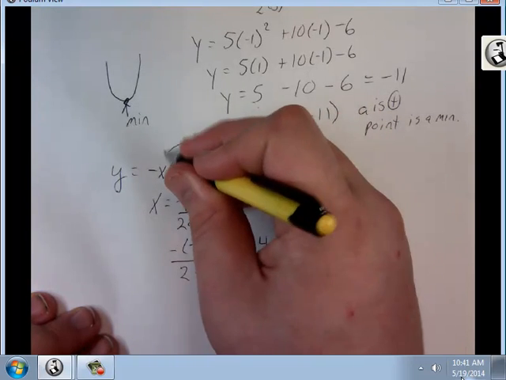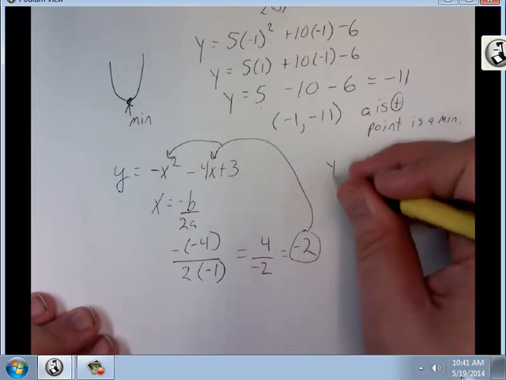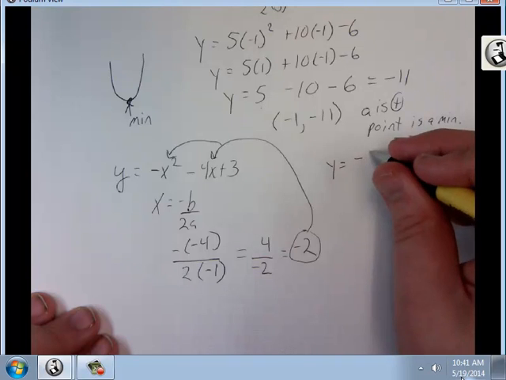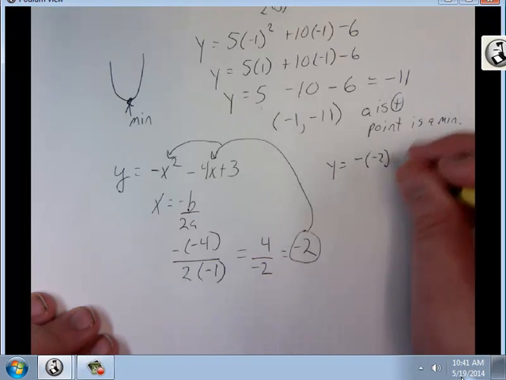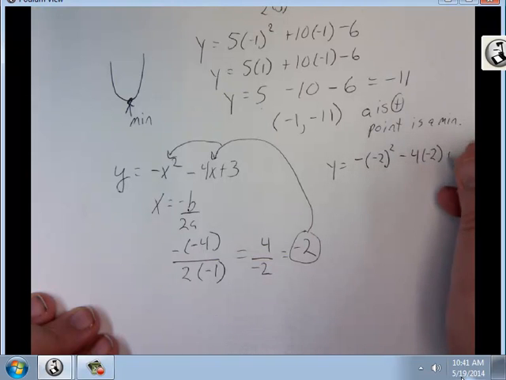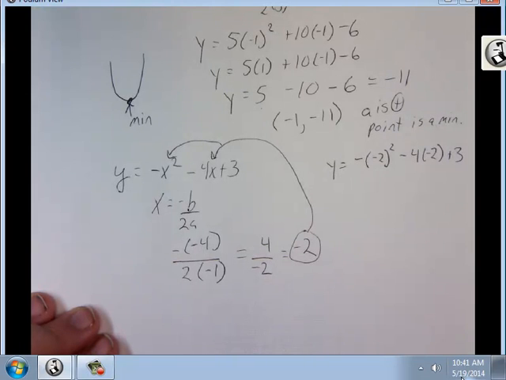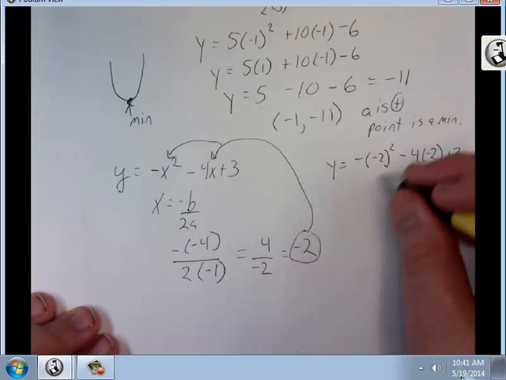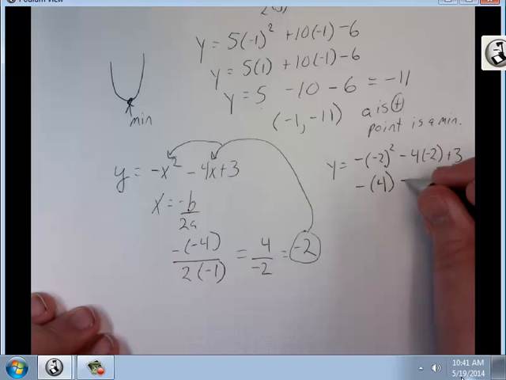So y equals negative 2 squared minus 4 times negative 2 plus 3. Negative 2 squared is 4 minus 4 times negative 2 plus 3.